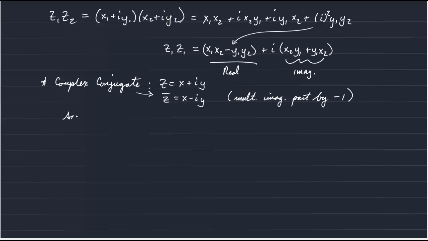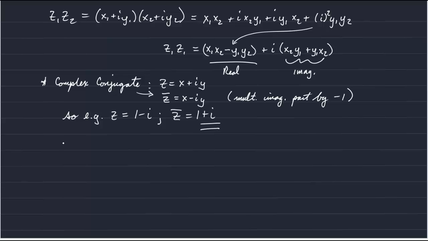For example, if z is equal to 1 minus i, then the complex conjugate, z bar, is equal to 1 plus i. Again, we've multiplied the imaginary part by minus 1 to get the complex conjugate.